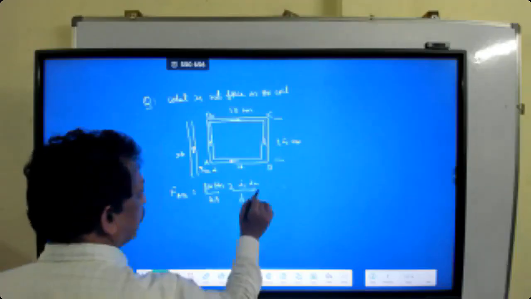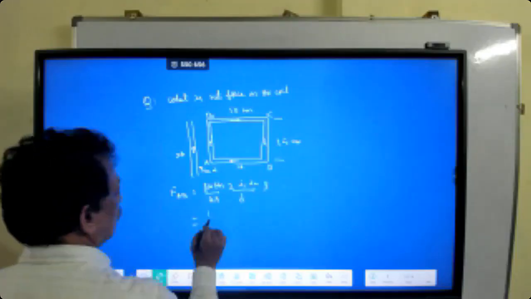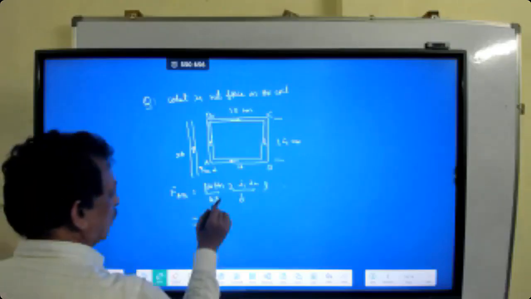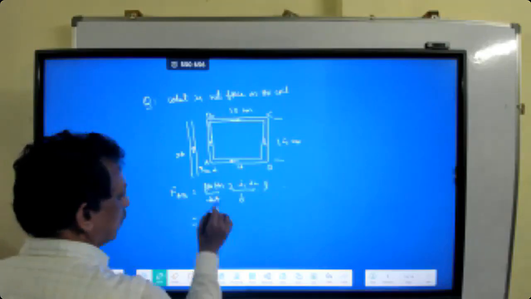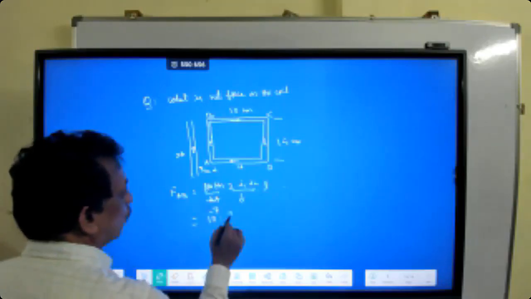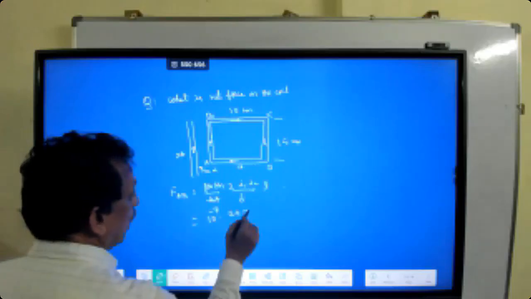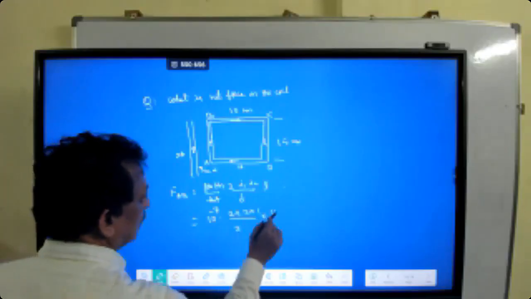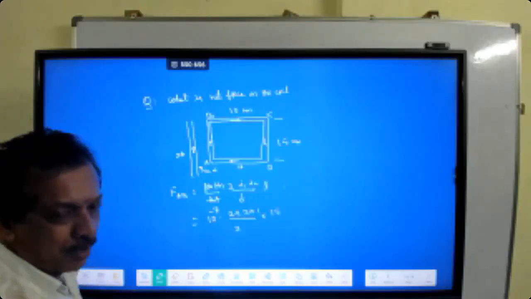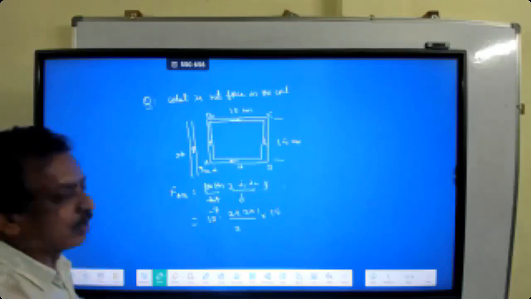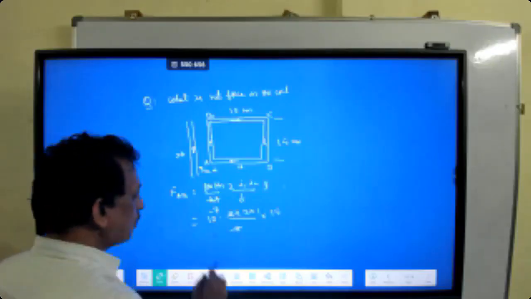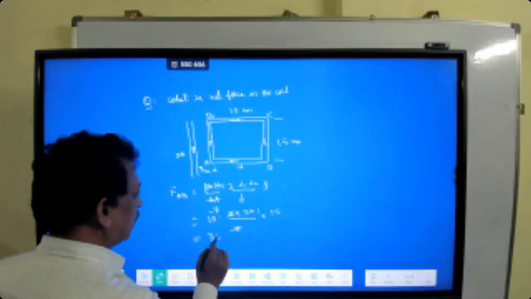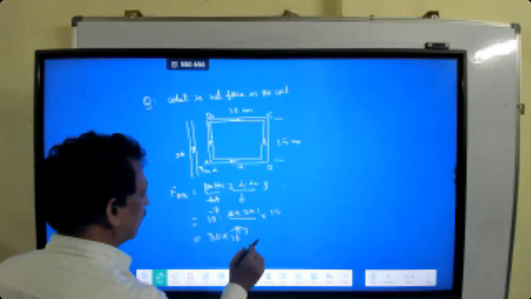Mu naught by 4 pi is 10 to the power of minus 7. Centimeters cancel, no need to convert to meters since it is a ratio. 15 twos are 30, so 30 into 10 to the power of minus 7 newton.